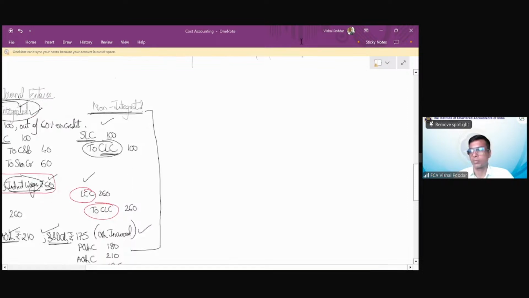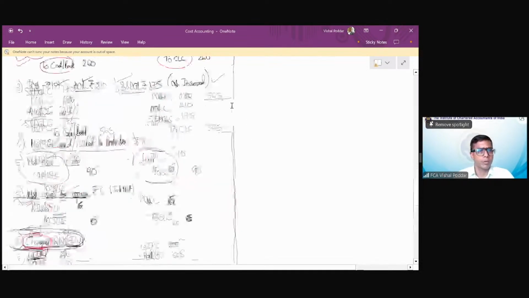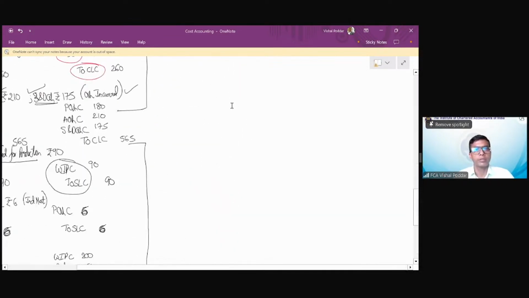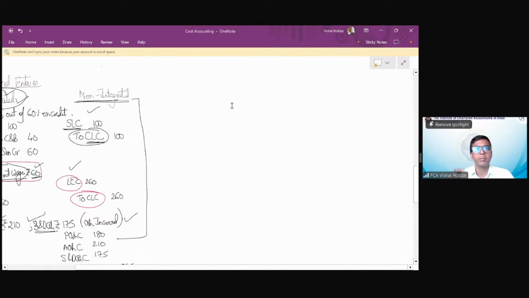Understood? Now, how many transactions are done? 7. So let me take you to the next transaction. Now, after charging these expenses to your products, we will have the next category of transactions whereby the product balances are transferred. Like when you finish your production, the goods will be transferred from factory to godown.